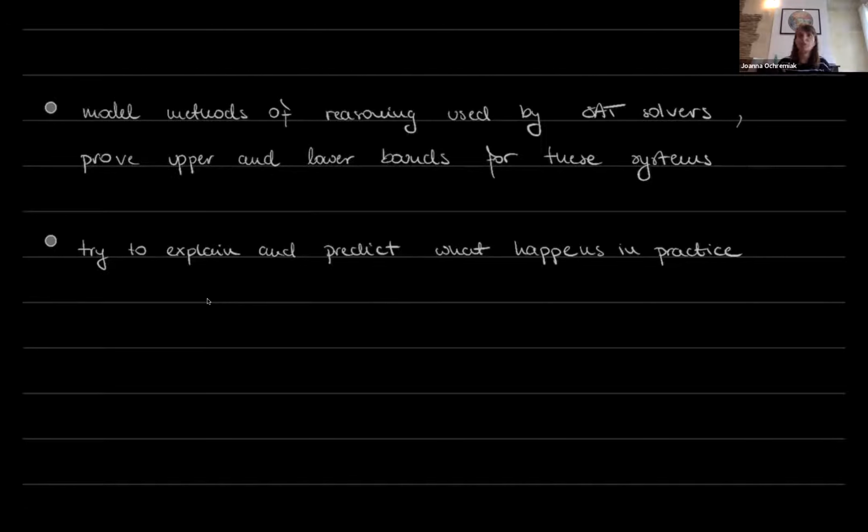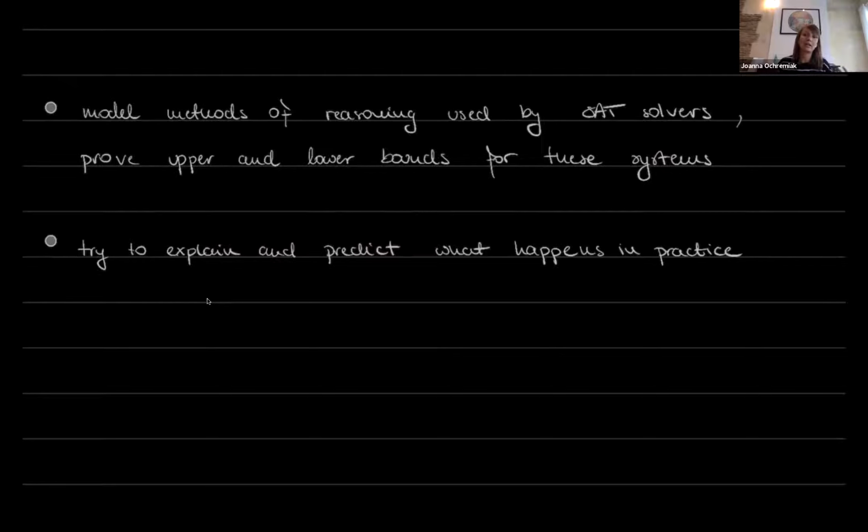Of course, SAT solvers usually do a bit more or use different heuristics, which our basic definitions of proof systems do not capture. So we can try to formalize also those heuristics that SAT solvers are using, to be able to tell more about what happens in practice. We want to try to explain and predict what happens in practice.